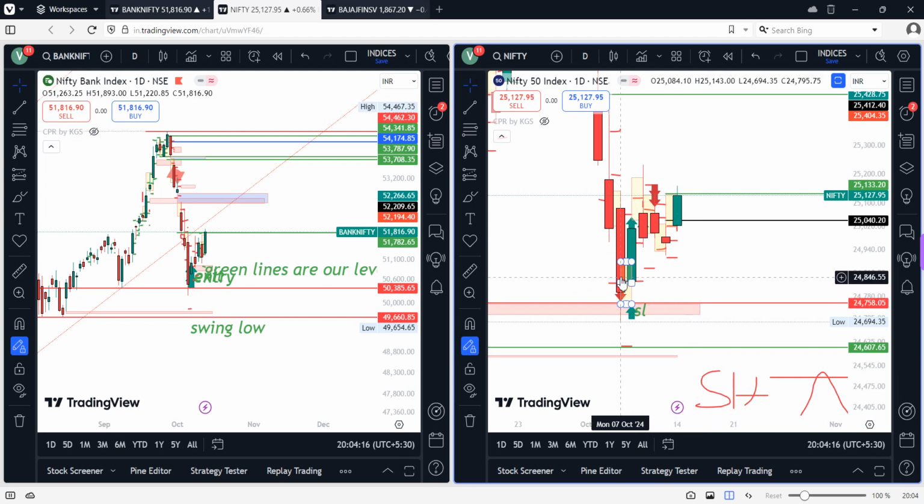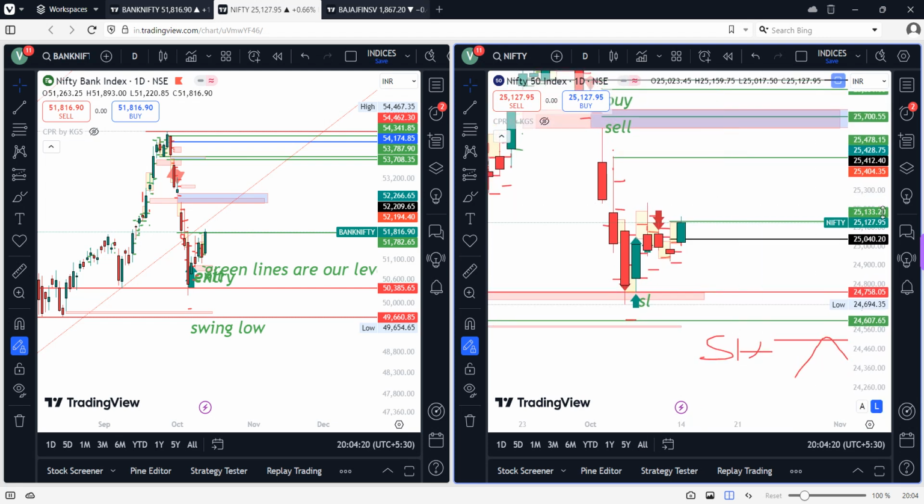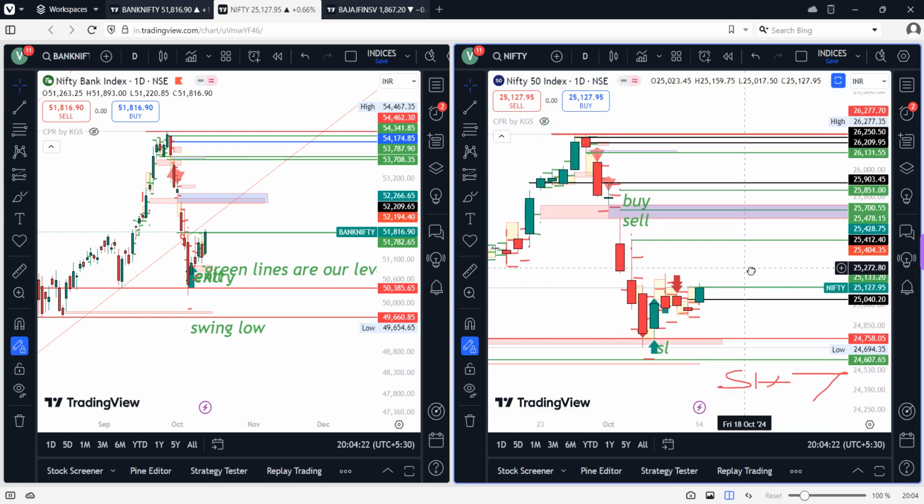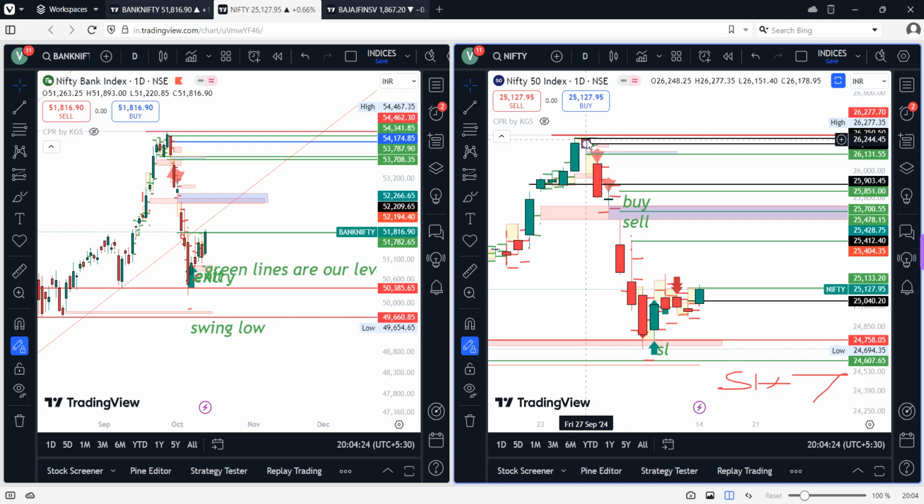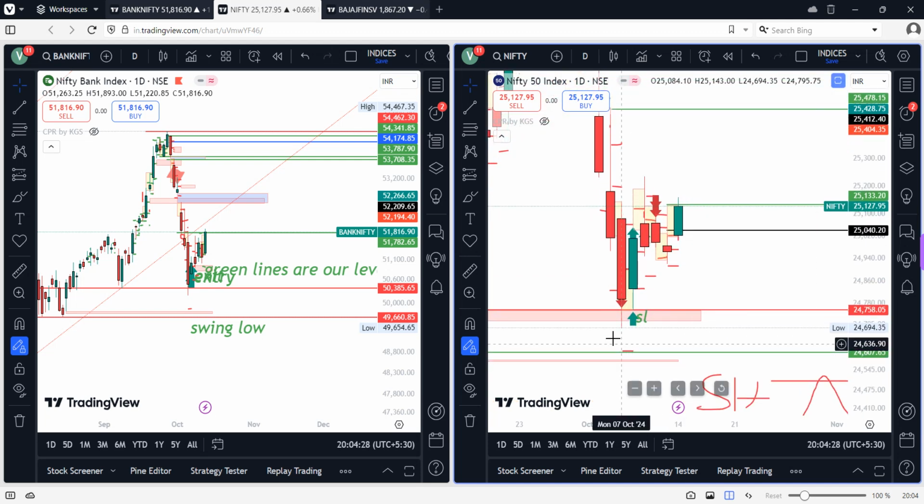You can see here last week there was a big fall in the markets. Let me explain the importance. There was a fall from swing high to swing low and suddenly it took support at this point. There is an up move happening here. This is the importance of swing highs and swing lows.